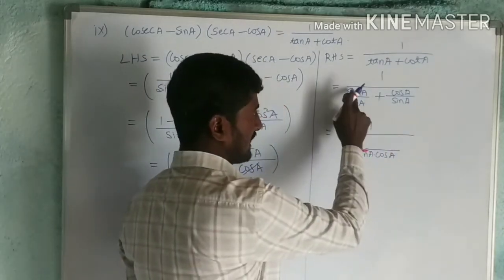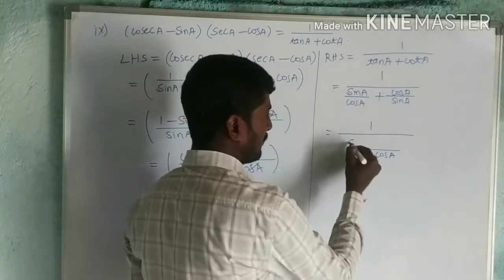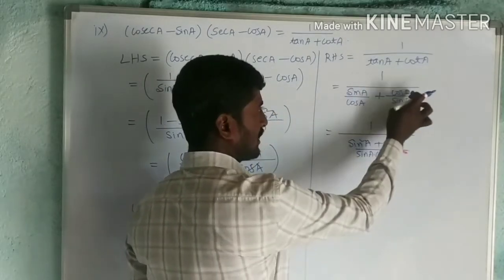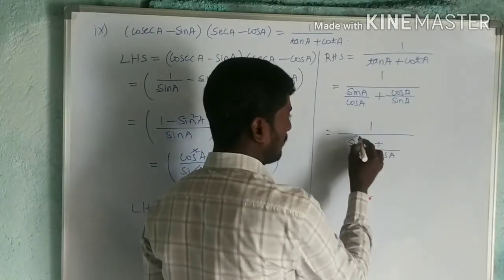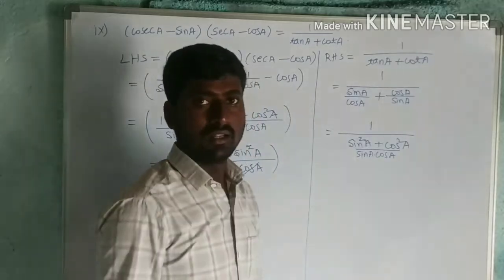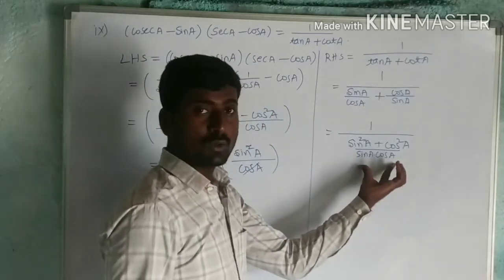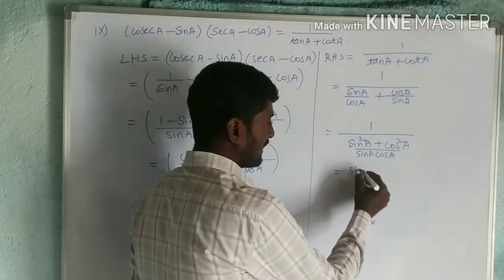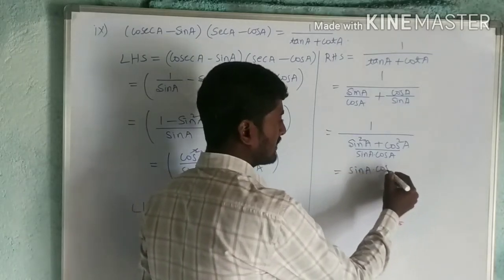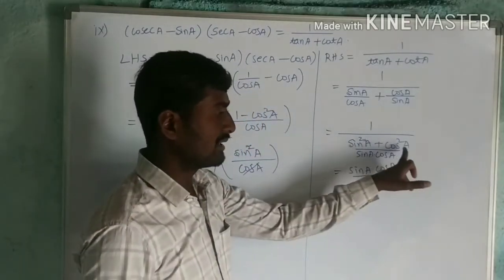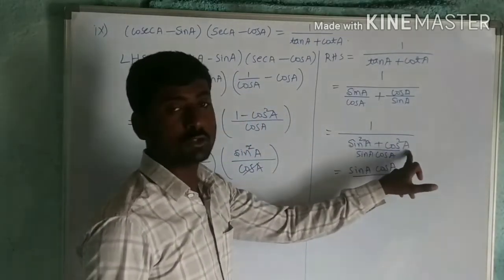Now this sin a multiplied here will be sin square a, plus this cos a multiplied here will be cos square a. Now this sin a into cos a goes to the numerator. This is equal to sin a into cos a divided by, what will be the denominator? Sin square a plus cos square a is there.